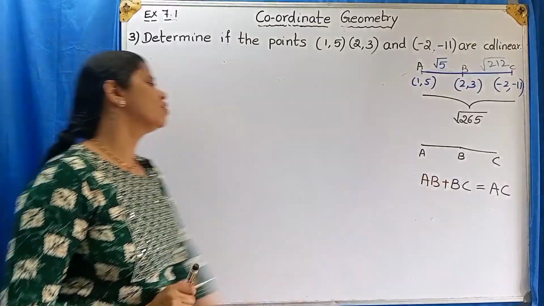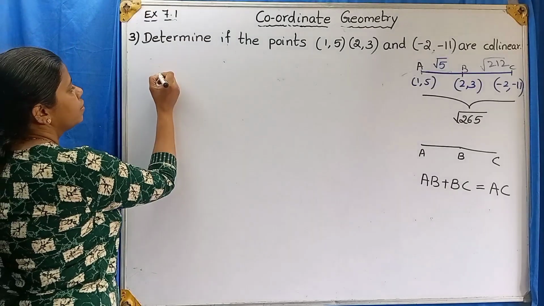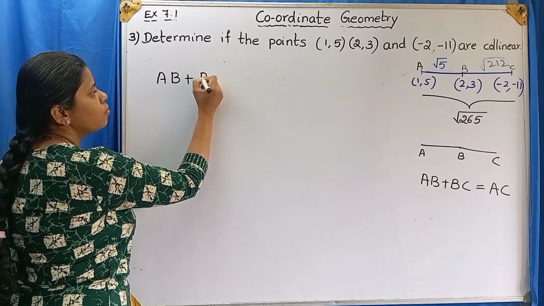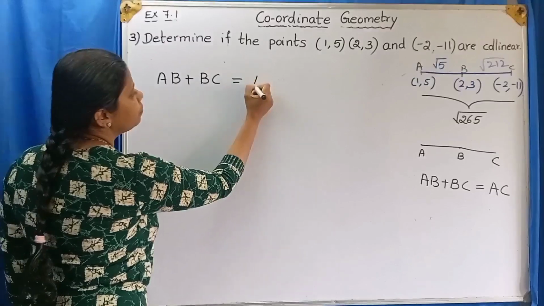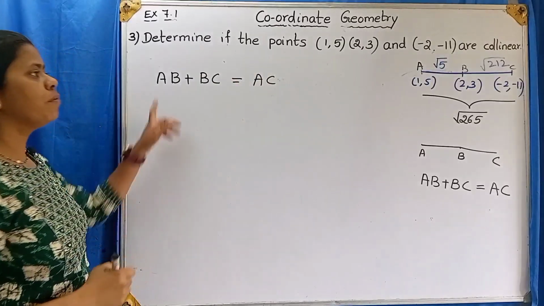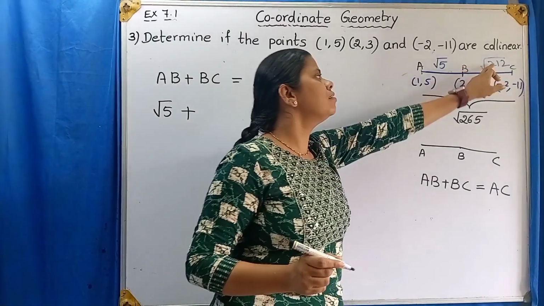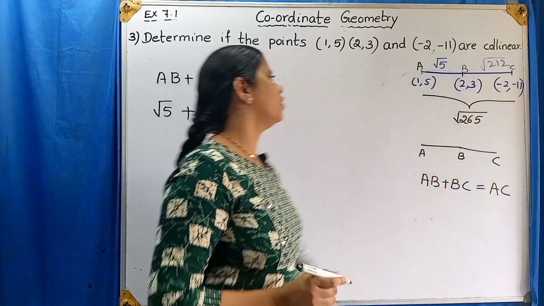AB plus BC is equal to AC. Let us see whether this condition holds good or not. Okay. The distance between AB is square root of 5 plus BC, the distance between BC is square root of 212.